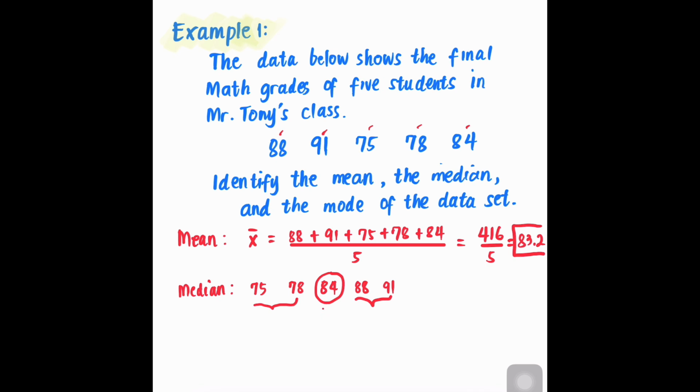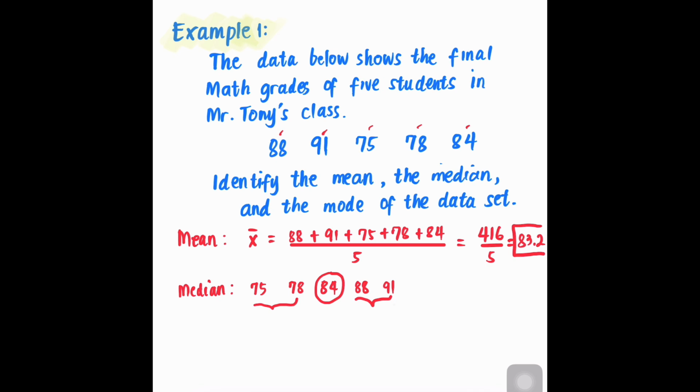So there will be cases when the given data set is an odd numbered data set, like this one. In this case, since this is an odd numbered data set, it's easy to identify the median. However, there are cases when the number of values given are actually even.